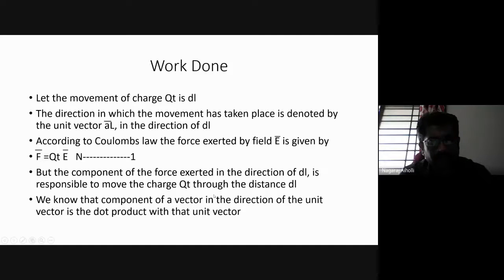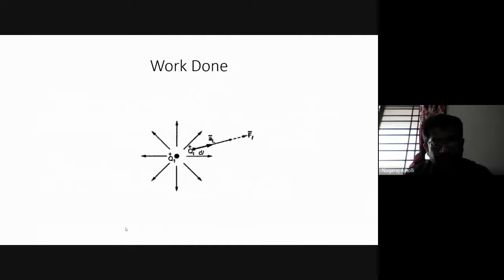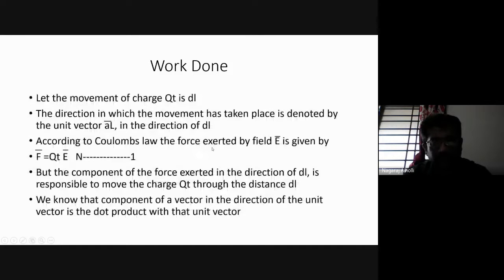We know the component of a vector in the direction of a unit vector. If we want to calculate the component of the original force vector along the direction of dl, then it is given by the dot product of the original force with the unit vector AL.